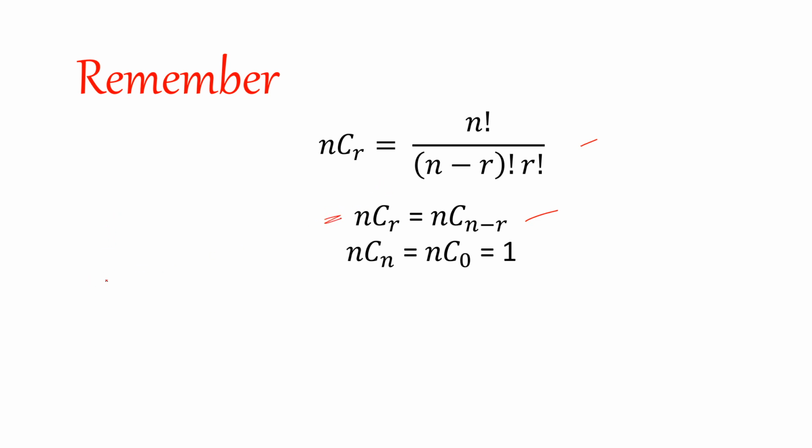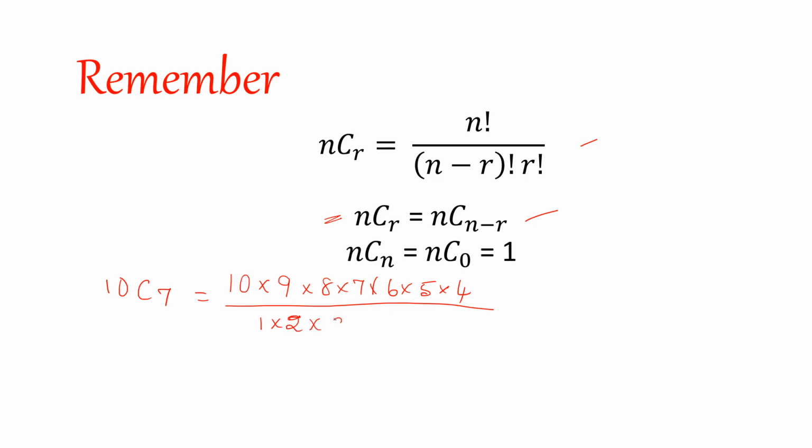So for example, if I consider 10C7, usually how will you find out? We'll start from 10, then 7 numbers you have to write, right? So 10 into 9 into 8 into 7 into 6 into 5 into 4 divided by, you have to start from 1 and write up to 7 numbers.